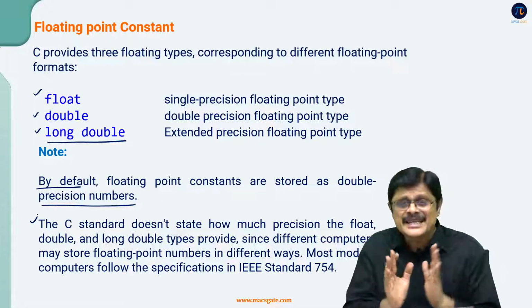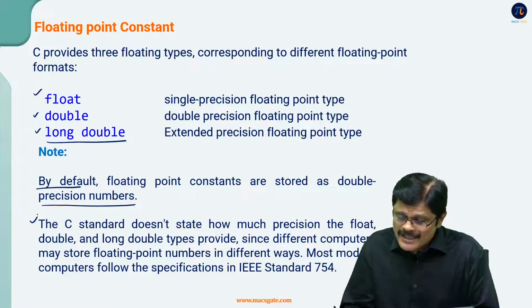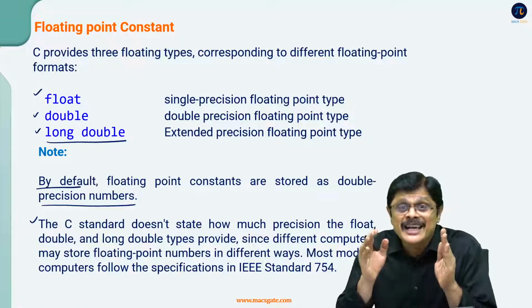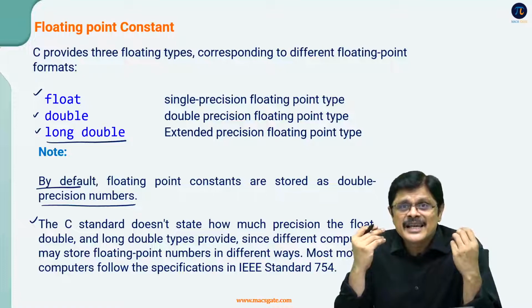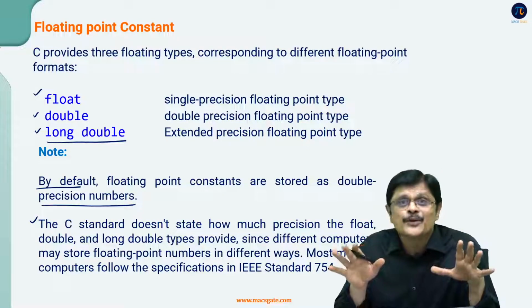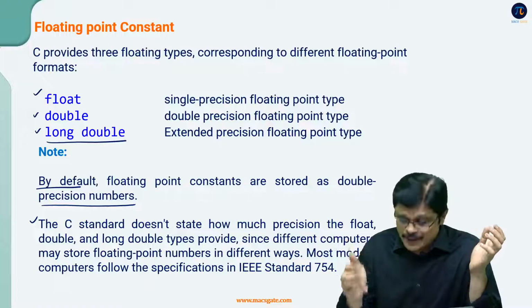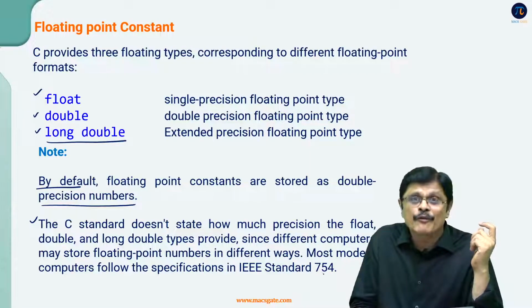Now, the C standard does not state how much precision float, double and long double provide. Here we said single precision, but single precision means how much? The C standard does not tell you anything about it. It depends on which architecture we are using and which standard you are following.